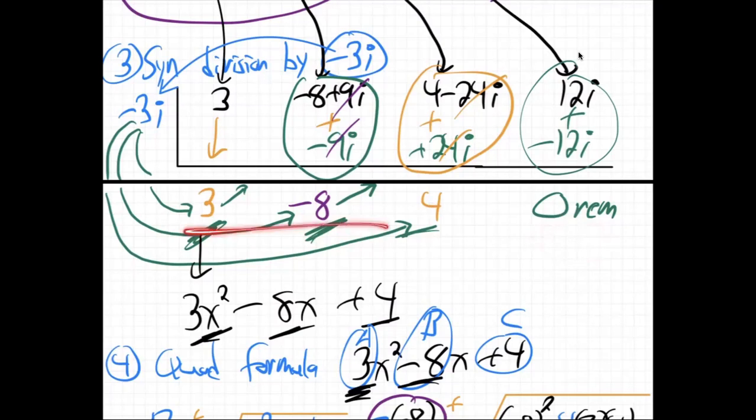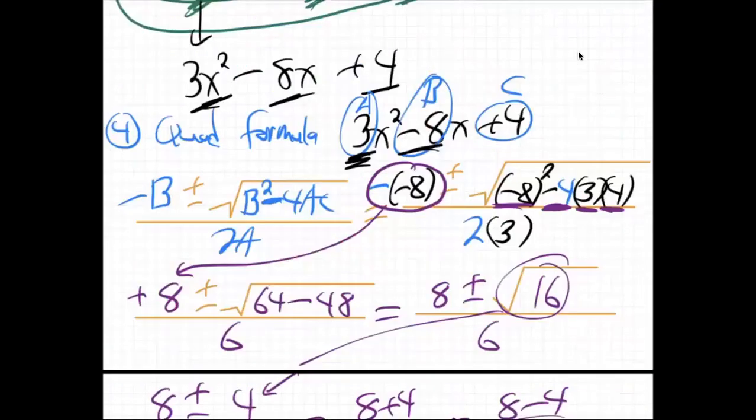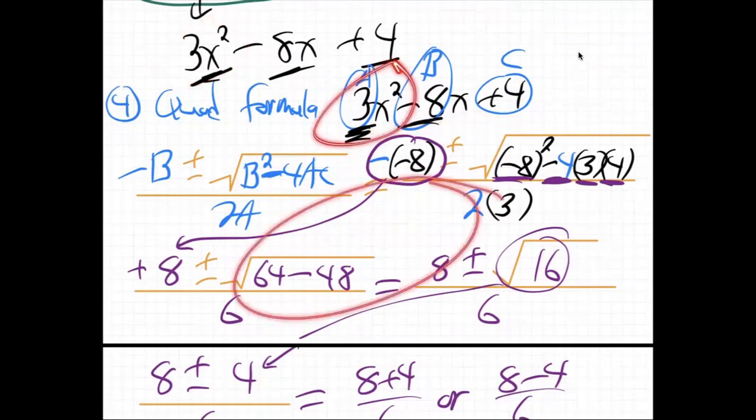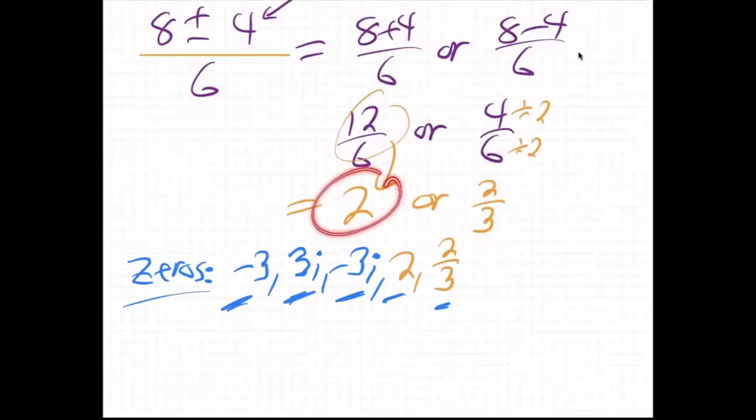Then these 3 that were left were just x squared, x, no x. Once you're down to x squared, you can use the quadratic formula, which is made to solve any x squared equation. Plugged into the quadratic formula, worked it out, got 2 and 2/3, the other 2 zeros. And so there we go. Just as easy as pie.